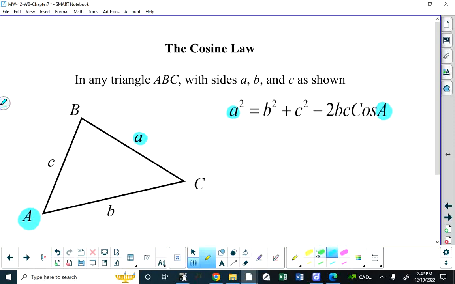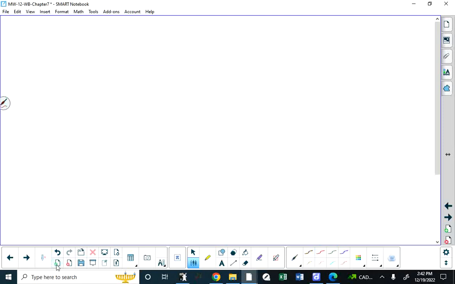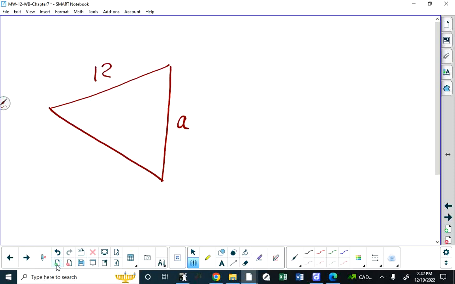If we were to take a look now, and I'm just going to make an example up, at me trying to find this side, if that was 12, and this is 11, and this angle is 36 degrees. Take a look at the cosine law on your formula sheet, or on your handout.